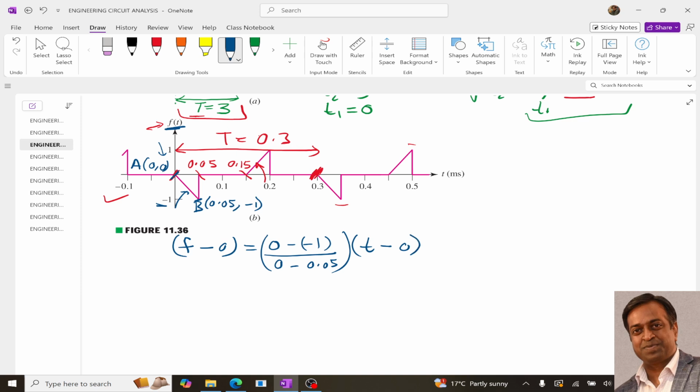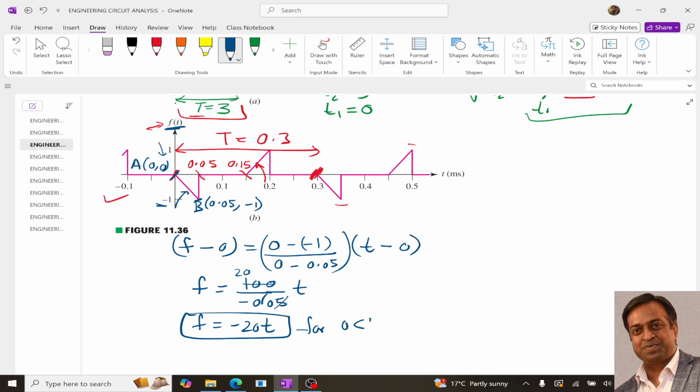So solving this, I will get f in numerator 1 upon minus 0.05 t, and again this dot, so it is 100, solving this it is 20, so it is f equals to minus 20 t, right? F is equals to minus 20 t for 0 less than t less than 0.05.